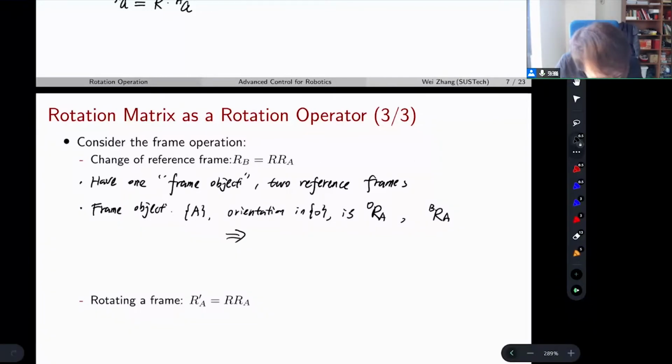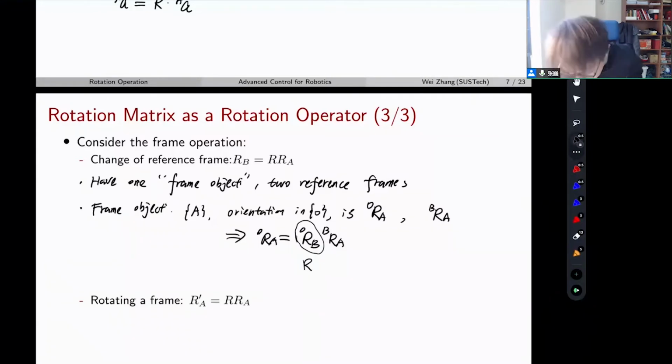Then I would say R A in O is R B in O times R A in B. That's basically the same as the change of coordinate for points or vectors. This guy is our R. Well, the notation is a little bit bad anyway.